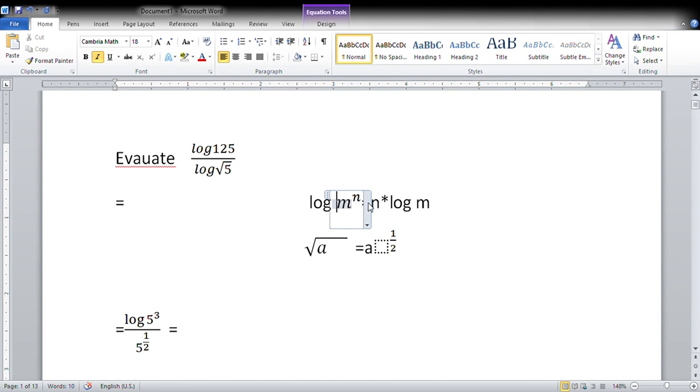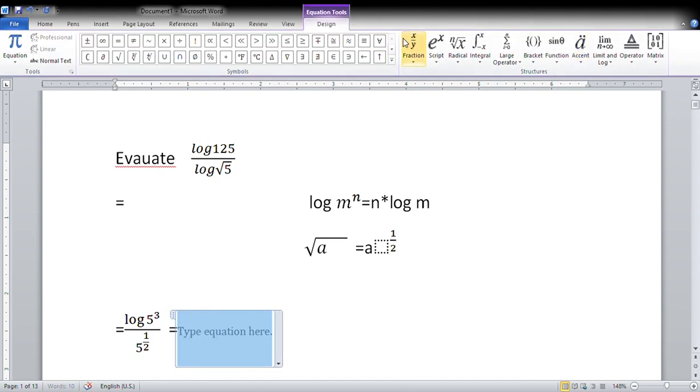If there is log m to the power n, it is equal to n multiplied by log m. So this 3 will come to the front side, as the previous mathematics already told you. So it is 3 multiplied by log 5, right?